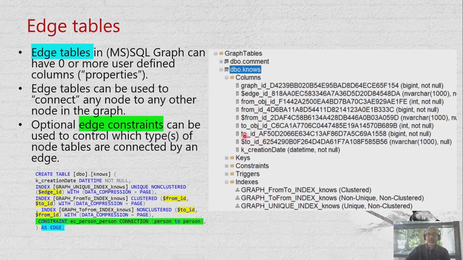To the user or to the developer, they just see the dollar columns exposed. These internal columns are just stored underneath the hood for SQL Graph. You always work with the $to_id, the $from_id, and the $edge_id in the case of edge tables. As you can also see, you have multiple indexes, which, as I said, we will explore a little bit more in depth later on.